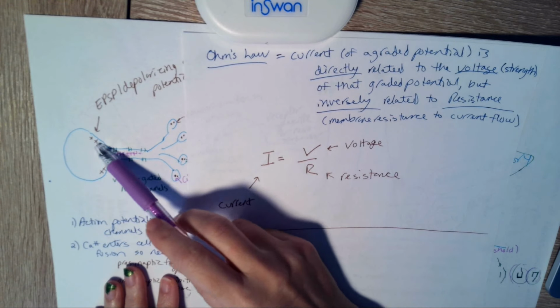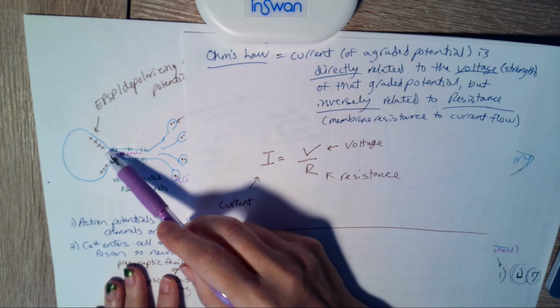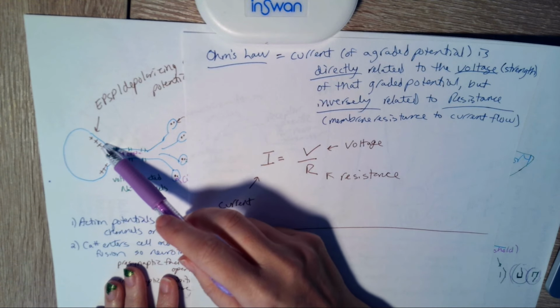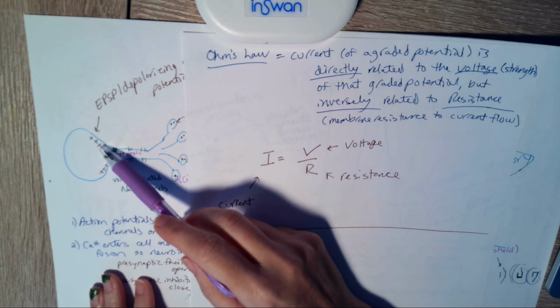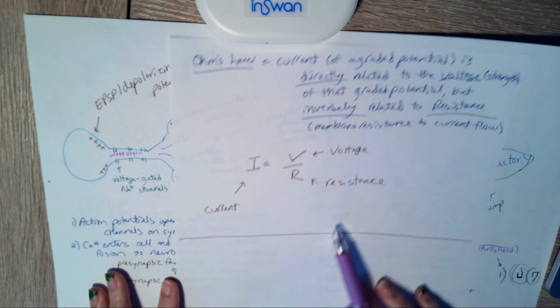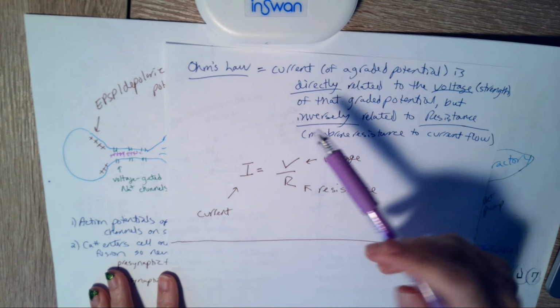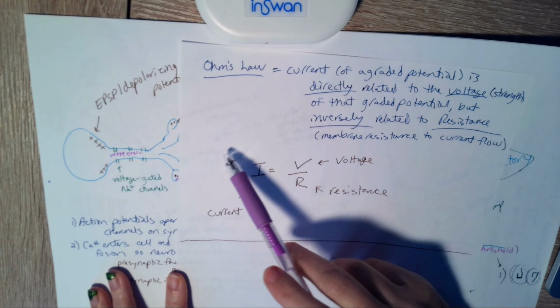What this is just talking about is how fast the current's going to flow and how strong that current will flow. And if there's any resistance to the flow, like friction, there's membrane friction that kind of slows down the flow of these ions as they diffuse along the cell membrane. That's all Ohm's Law is talking about. So it's an equation, but it's a very simple equation. It's not really difficult at all.